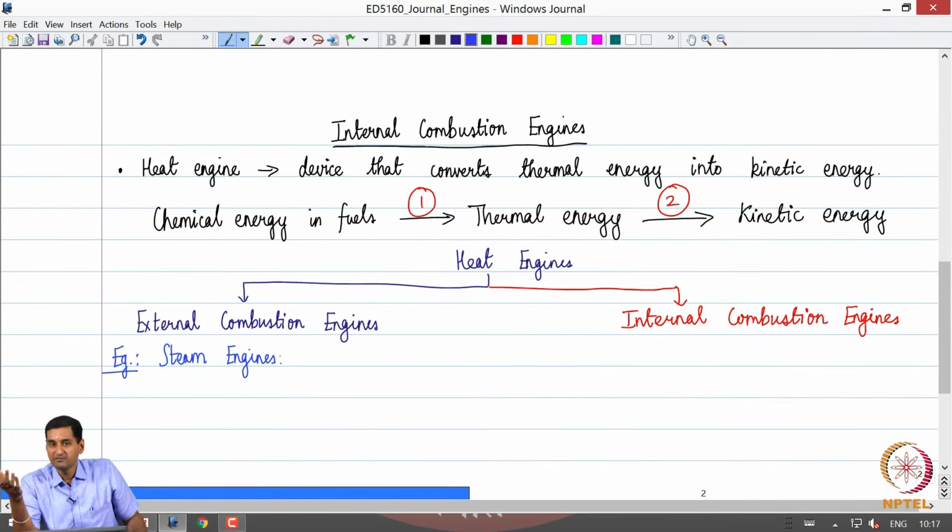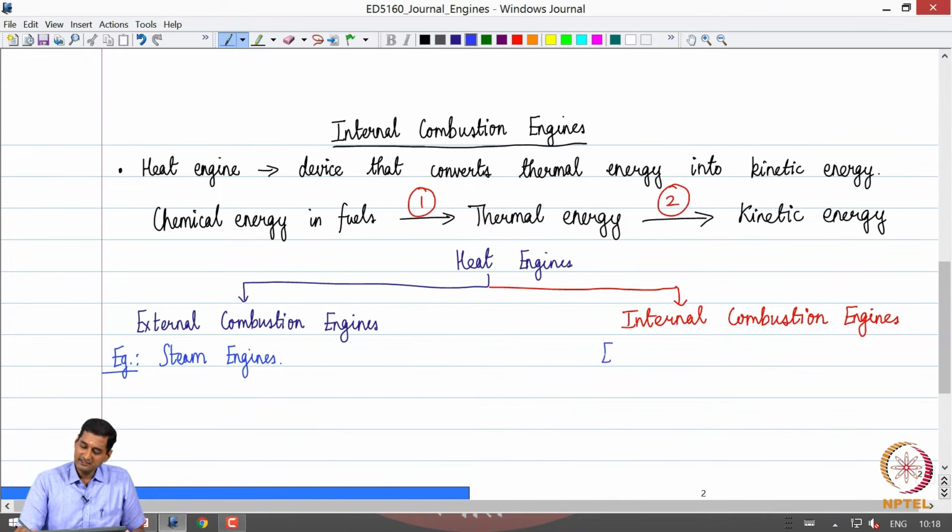Let us say we convert water to steam in a boiler by burning some fuel, and then the steam is transported from the boiler to a steam turbine, and there the thermal energy of the steam is converted to kinetic energy of the turbine components, the turbine rotor. So, you can see that these two energy conversion processes happen in different locations. That is an external combustion engine.